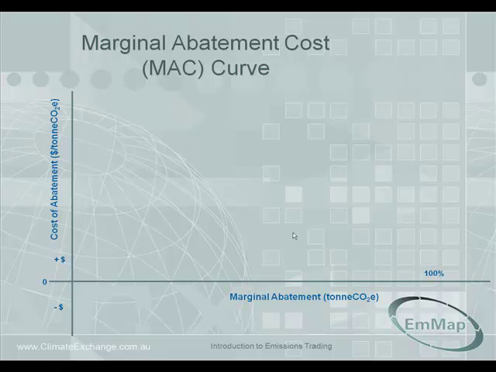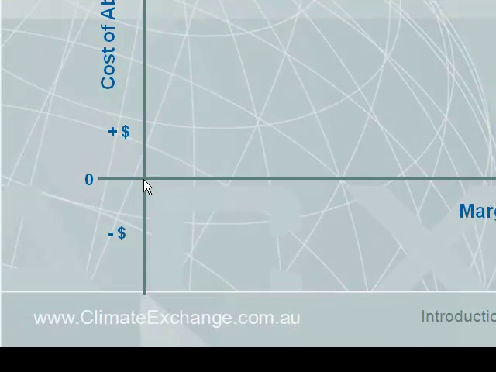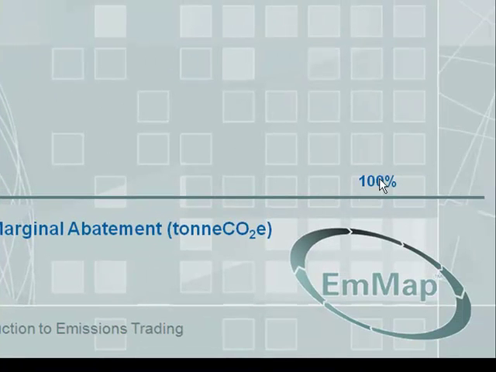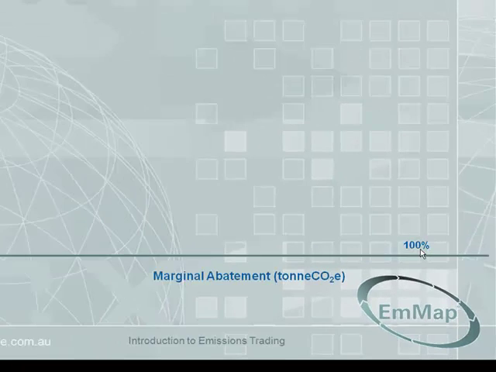Okay, but first of all I've got to introduce you to a friend of mine. His name's Mac, and that's our marginal abatement cost curve. Basically the Mac is a simple XY coordinate, and the x-axis goes from no abatement at 0 all the way through to abating 100% of our emissions, or as some might say, becoming carbon neutral.